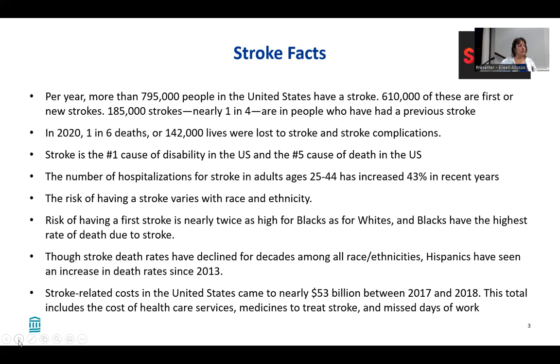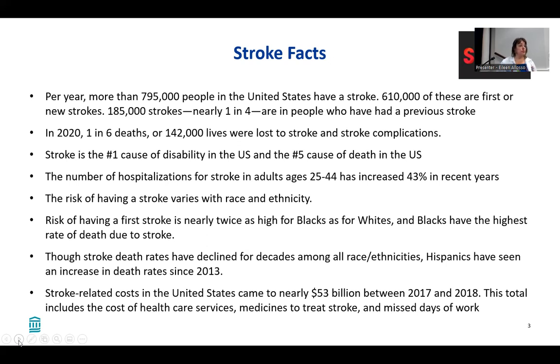And we've also noticed that even though the percentage of strokes in those populations have remained the same for the Blacks, the percentages of strokes in Hispanic people have increased since 2013.